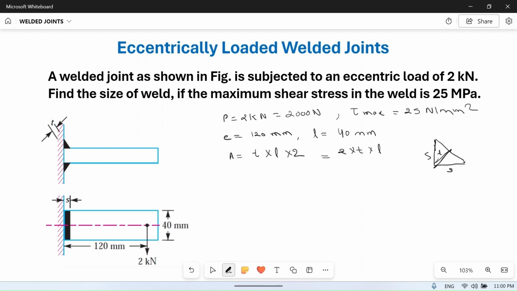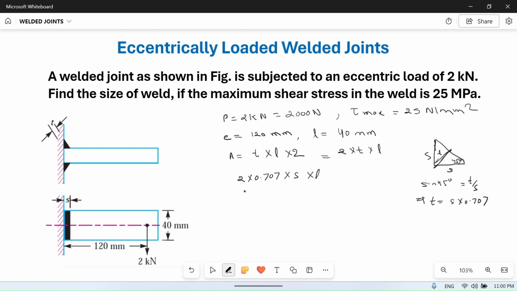If this is 45 degree, then sin 45 is equal to T by S. From here T is equal to S into 0.707. So you can write it here, 2 into 0.707 into S into L. This is the area of weld.